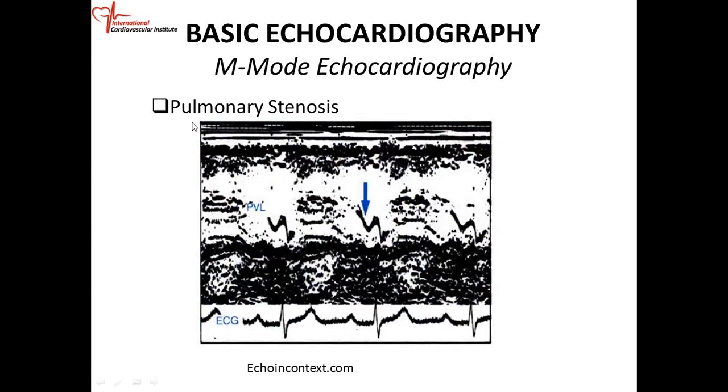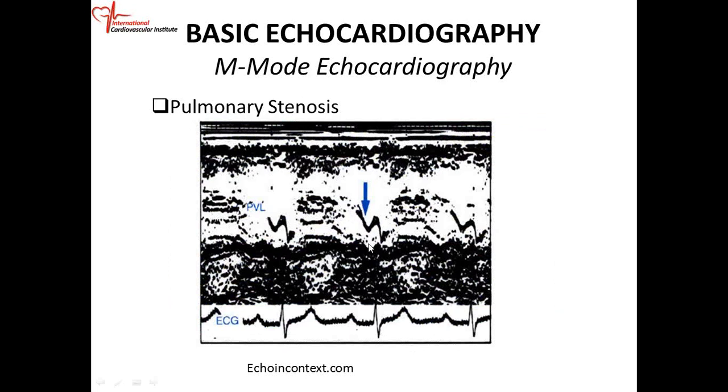Whereas in pulmonary stenosis, you get a very prominent A wave, and they talk about a flying Doppler. You can see it looks like a Doppler. They talk about a flying Doppler because the A wave in pulmonary stenosis is very prominent.